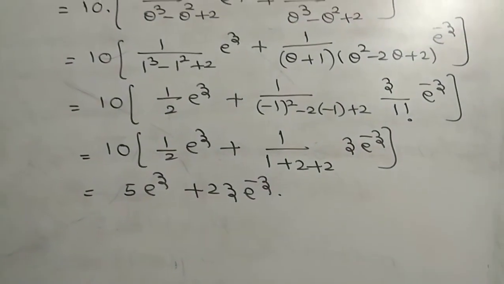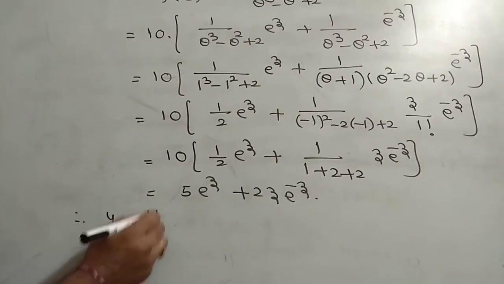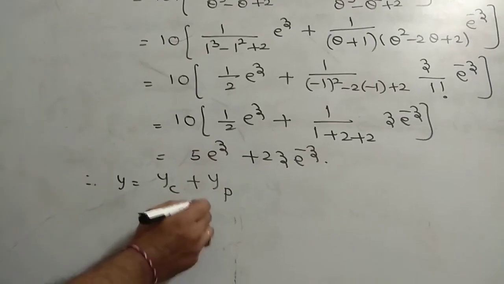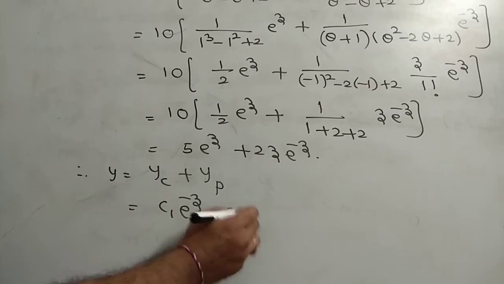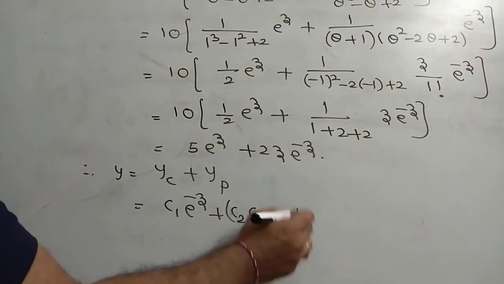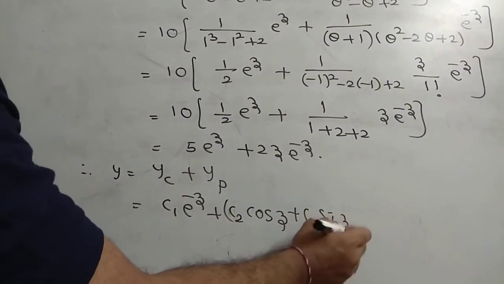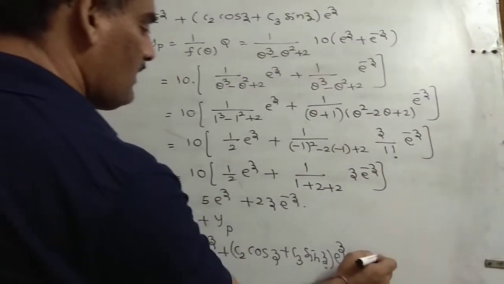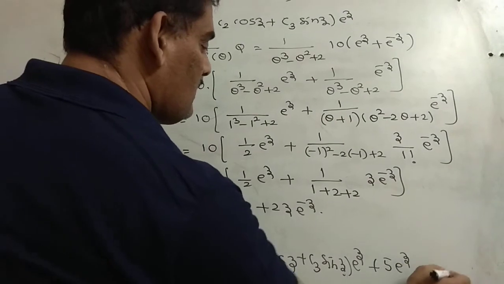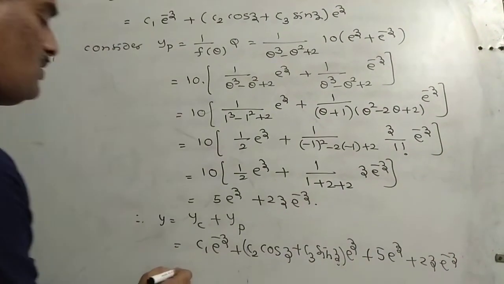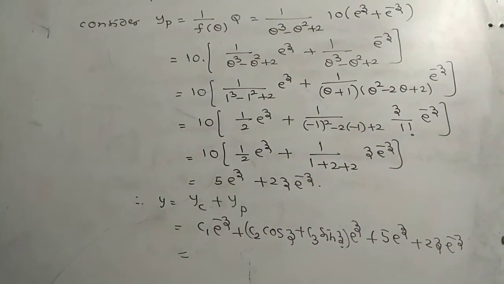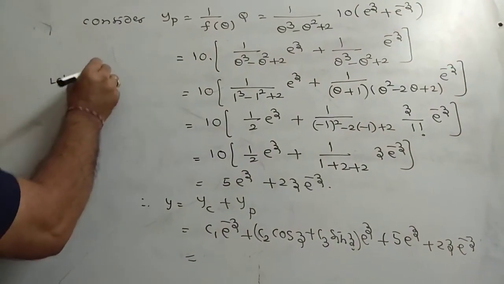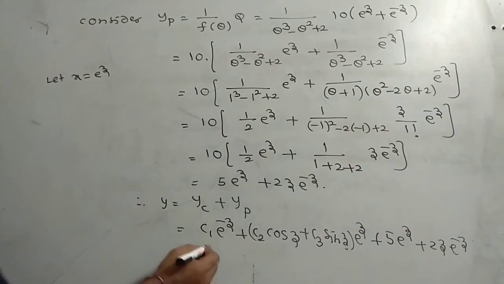So once you get yp, therefore y equal to yc plus yp. So what about yc? C1 e power minus z plus C2 cos z plus C3 sin z, multiplied by e power z, plus 5 e power z plus 2z e power minus z. But actually, what is the meaning of the e power z value? We started with x equal to e power z. So that value you are substituting here.